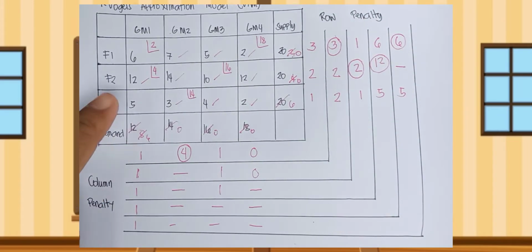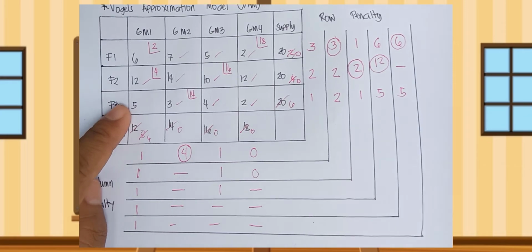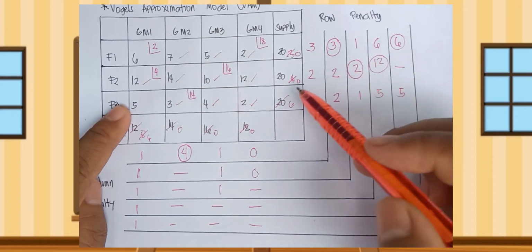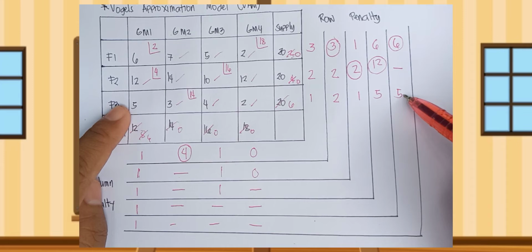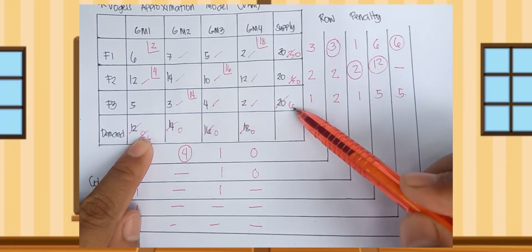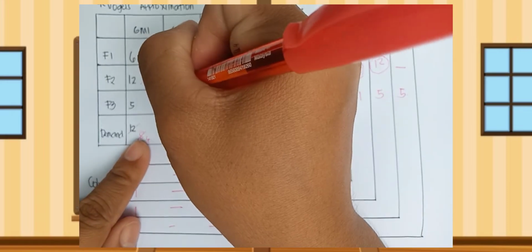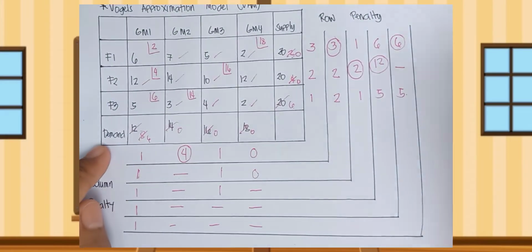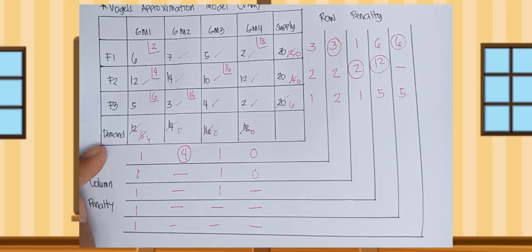So we have one remaining number. So 5, and 5 here. We have a demand of 6 and a supply of 6. So we will put 6. It means demand and supply are both satisfied.